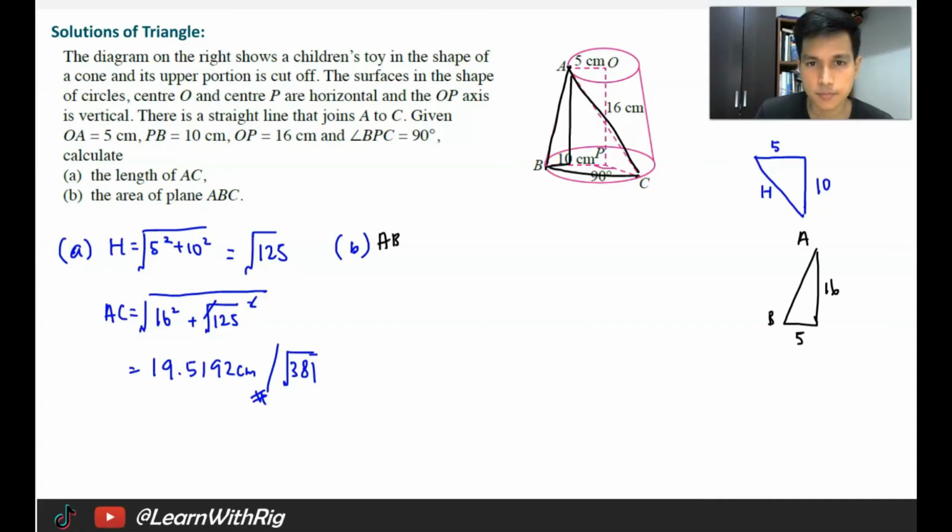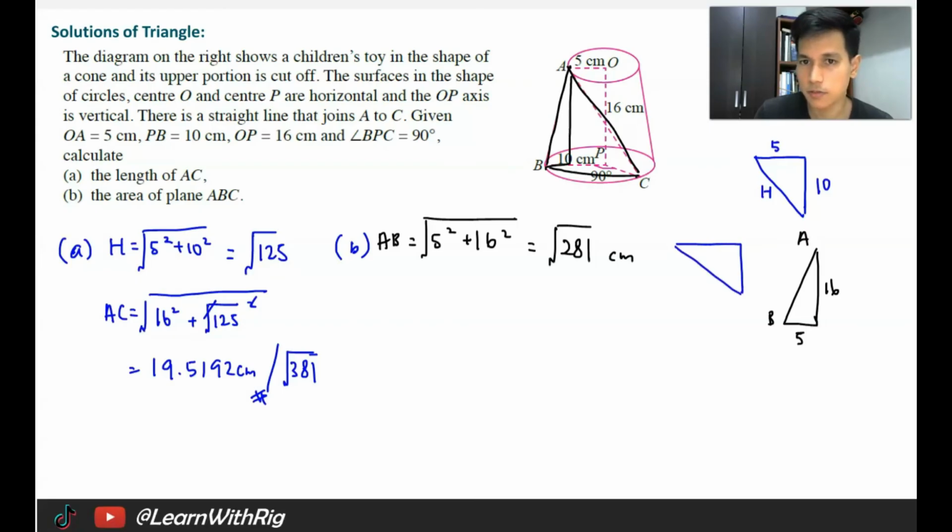AB equals square root of 5 square plus 16 square. Your answer should be square root 281 cm. And then you want to find length BC. If you notice, there's also another triangle here. So it looks something like this.